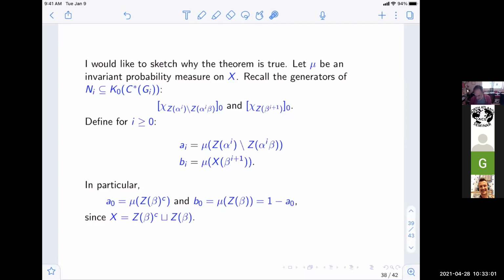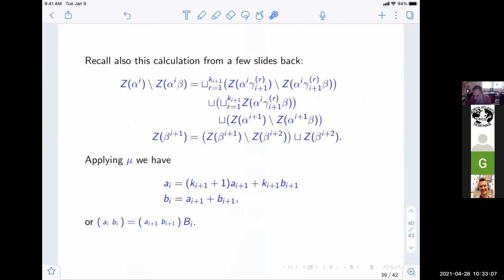And that's because we have a decomposition of X this way. And now, if you remember this ugly calculation I showed you, what I was mentioning is that these sets that look like differences, since they always have the same length of paths involved in them, they have the same measure by invariance.